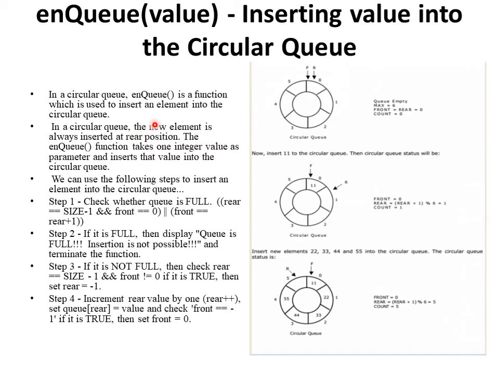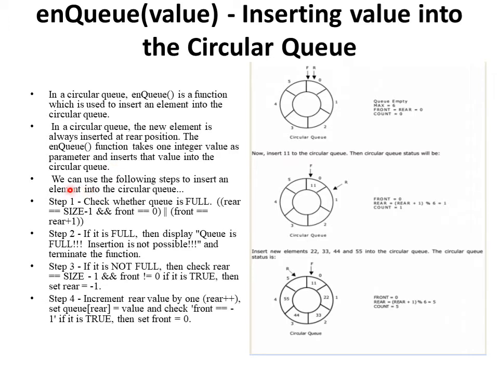Not only in circular queues, in all queues the same thing is done: insertion is always done at the rear end and deletion is always done at the front end. The Enqueue function takes one integer value as a parameter and inserts that value into the circular queue.